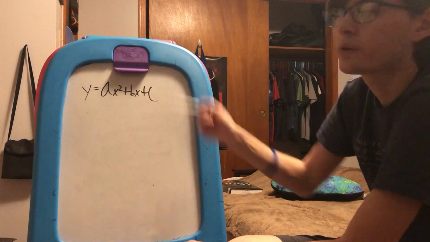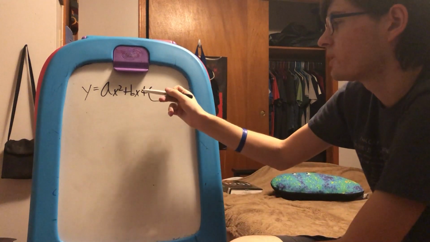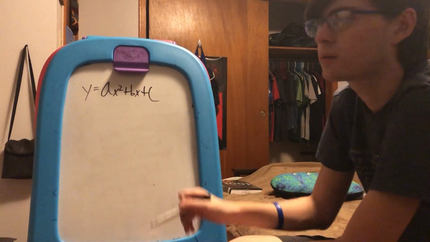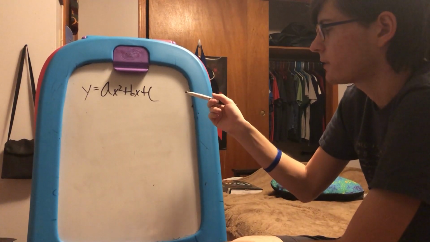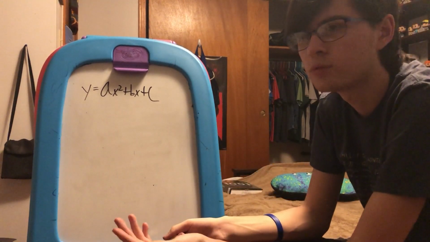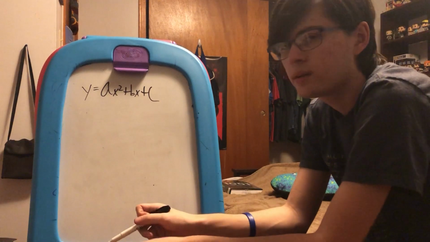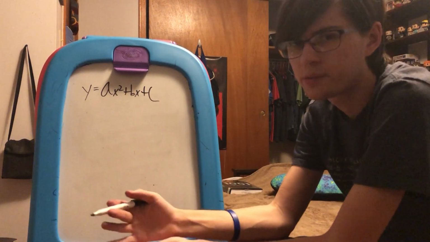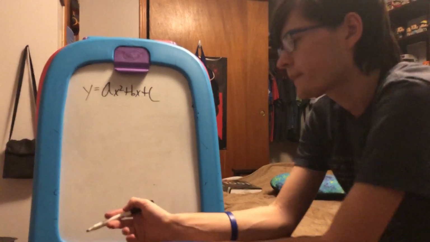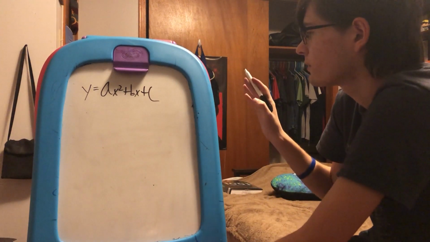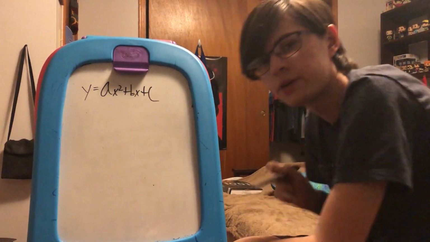If you don't know exactly what you're doing, you'll probably just mess around for a little bit, go in circles, and you won't be able to isolate it, because there's one specific way to do it. And I'm going to show you that specific way.